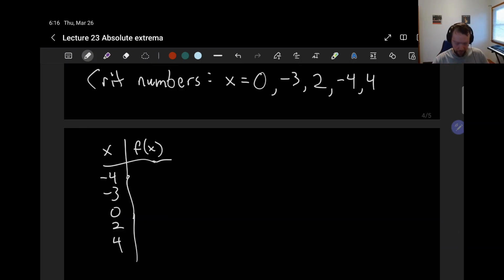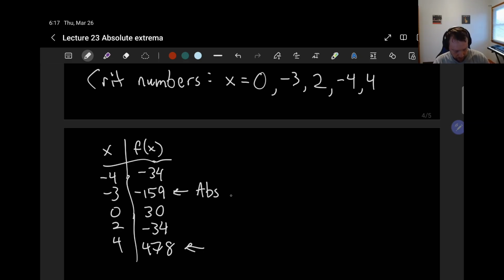So I'll spare you the time of calculating all these things. Just tell you the results when you plug these into the function f. These are what I got. So you have to take a little time to plug those numbers into f. And then you just search for the biggest number, like this. And the smallest number out of these.